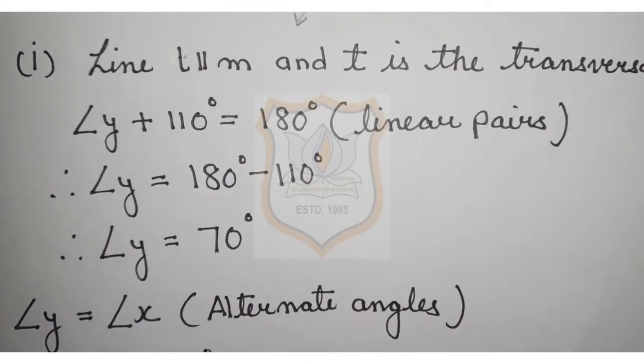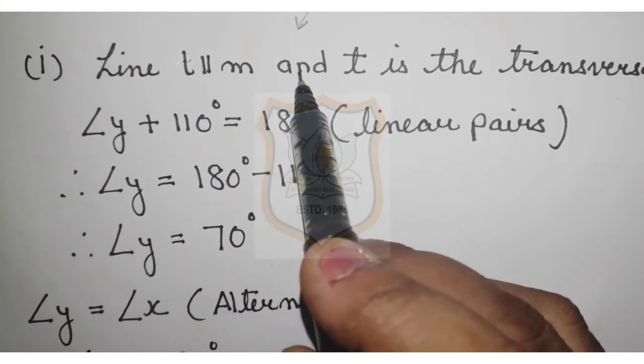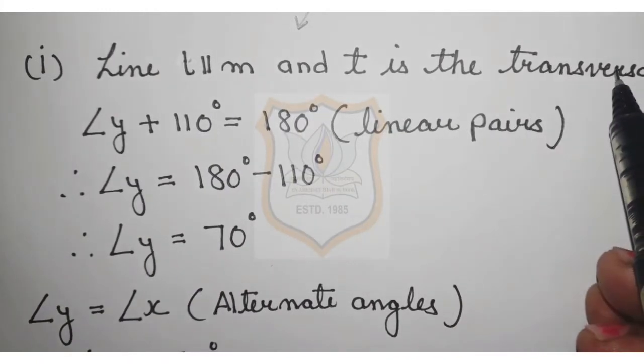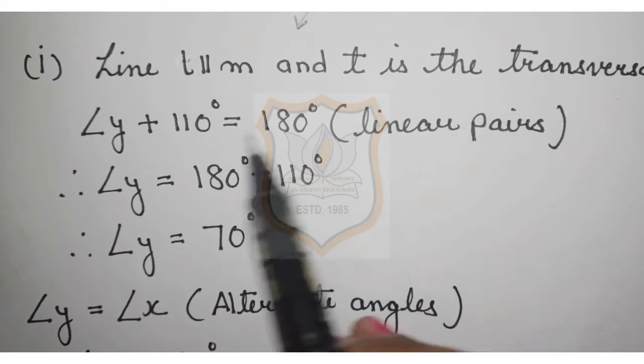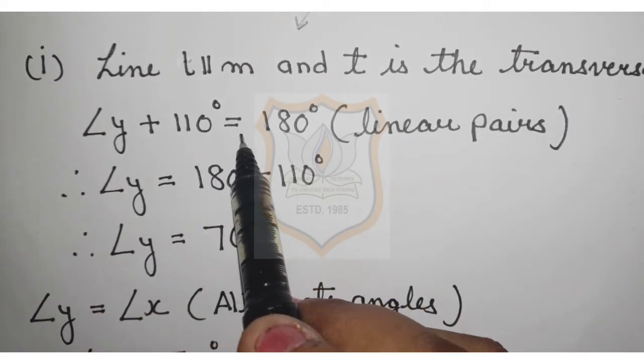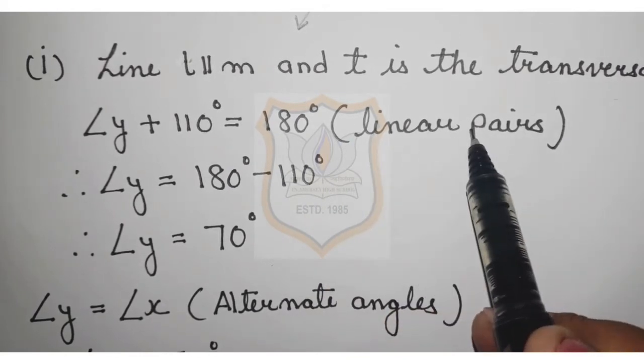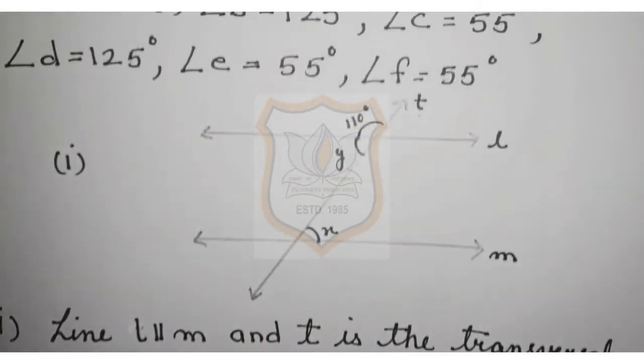See, line L is parallel to line M and T is the transversal that I told you just now. Angle y plus 110 degrees is equal to 180 degrees, because they are forming a linear pair.